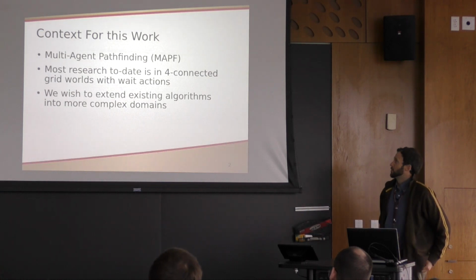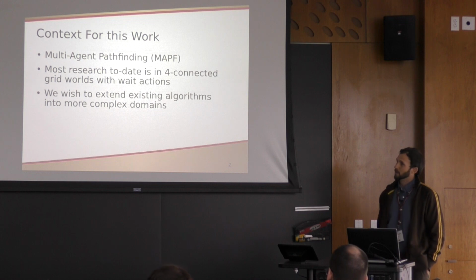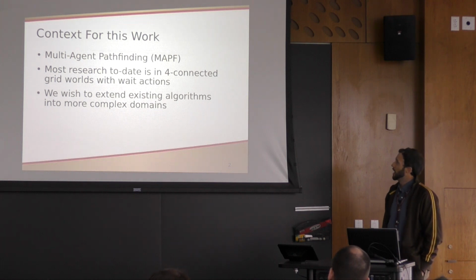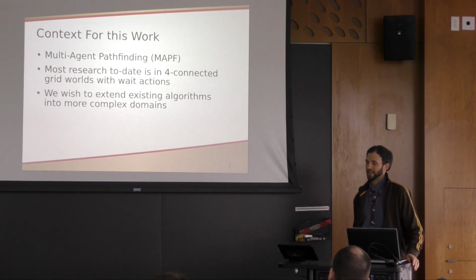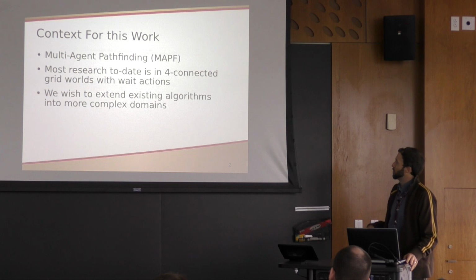So a little context for this work. I'm a PhD student, and I'm looking at multi-agent pathfinding, and most of the algorithms to date have been tested or formulated for this four-connected grid world with wait actions.